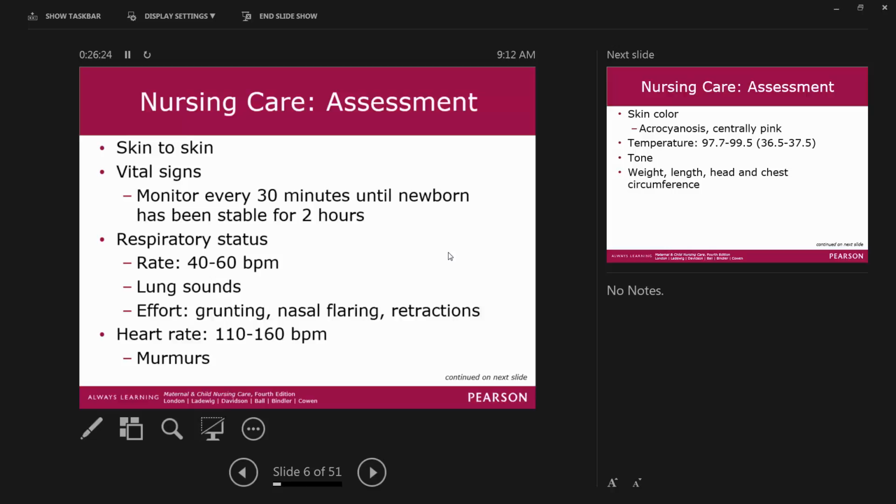And resuscitation could just be bag mask, okay? 1% of those 10% need full chest compressions, bag mask, NICU admission. Okay, so I don't know what that number is, but it's very tiny. The majority of the time, it's an oxygen issue. Okay? All right. And then murmurs.